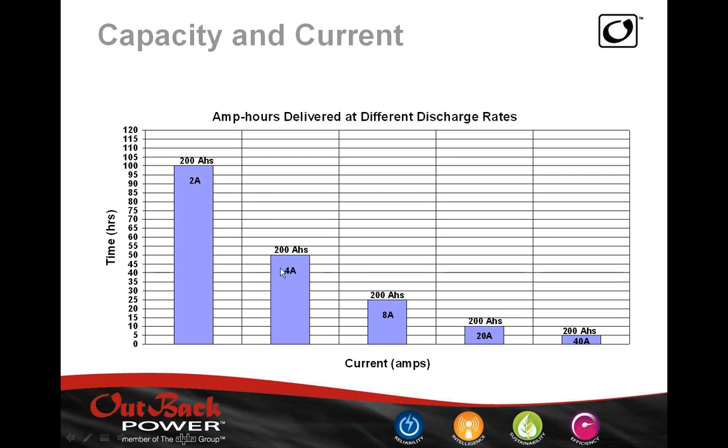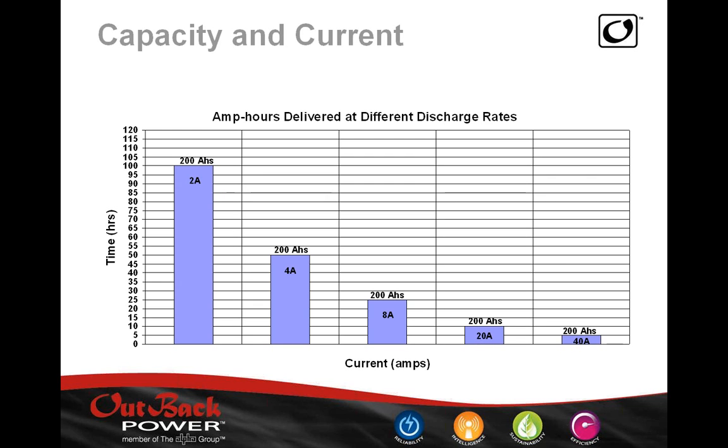Here we have 4 amps for 50 hours, which is 200 amp hours, 8 amps for 25 hours, 20 amps for 10 hours, and 40 amps for 5 hours. The thing I'd like you to note here is that although they are all 200 amp hours, the running times decreased as we increase the current.